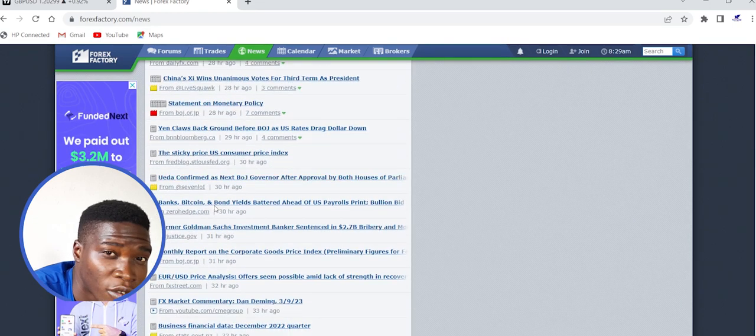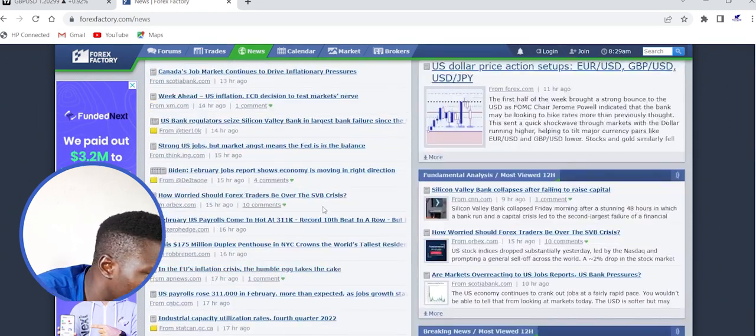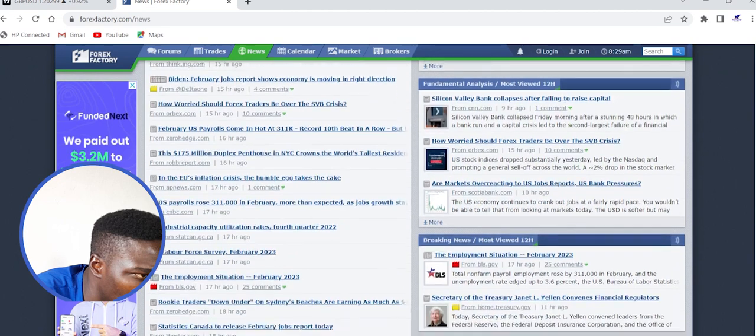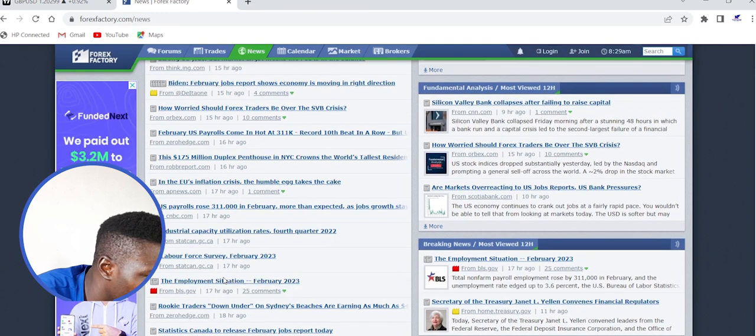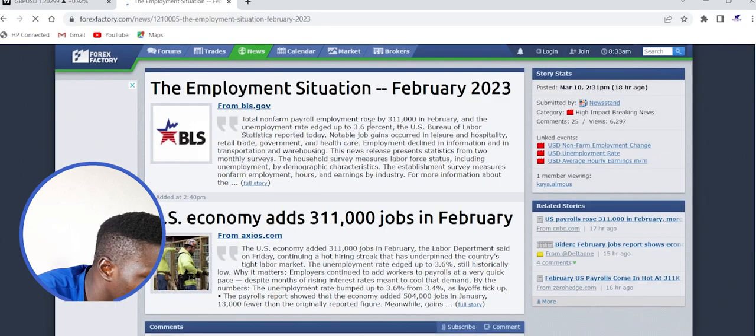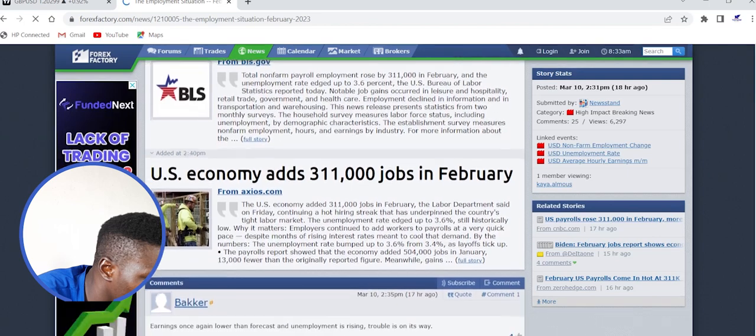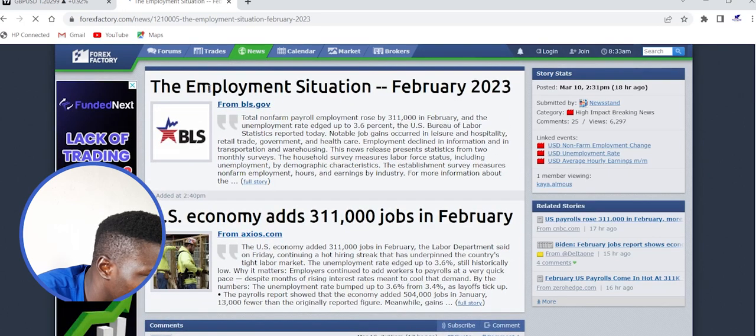But now we are looking for the NFPs of yesterday, 24 hours ago. Let's go up. Unemployment situation. Yeah, I think this is it.